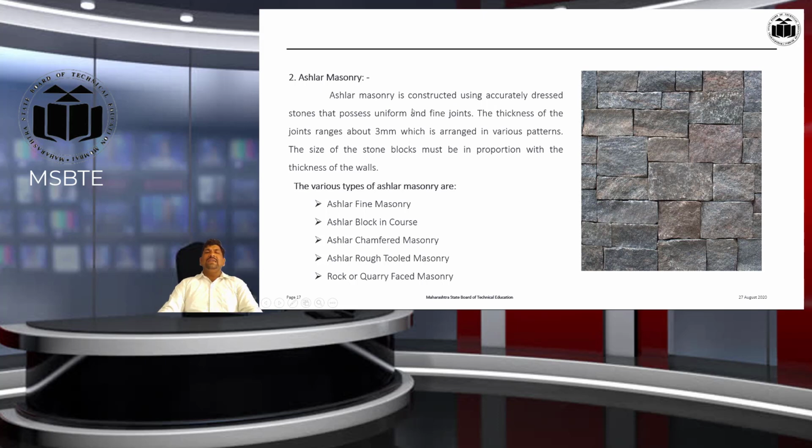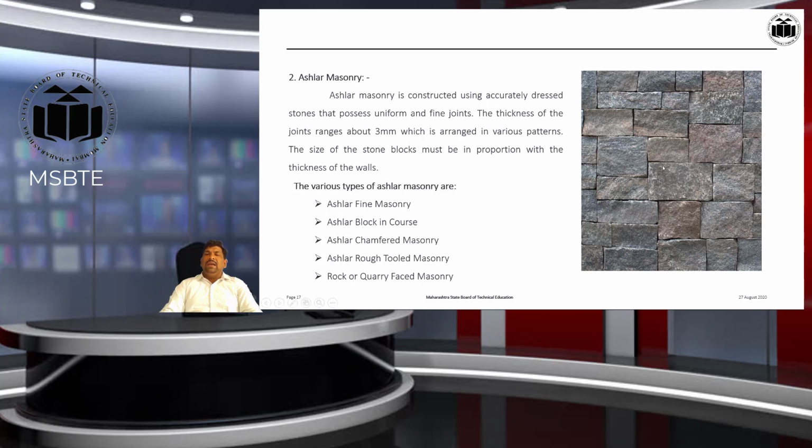Ashlar masonry is constructed using accurately dressed stones that have uniform and fine joints. The thickness of the joints is about 3 mm, and the stones are arranged in various patterns. The size of the stone blocks must be in proportion to the thickness of the walls.